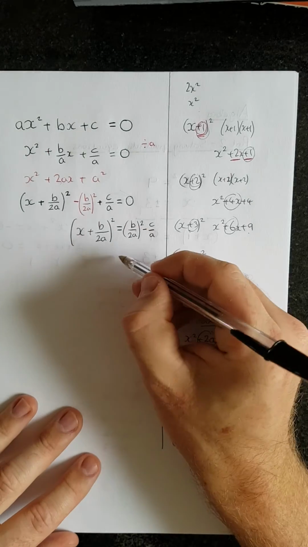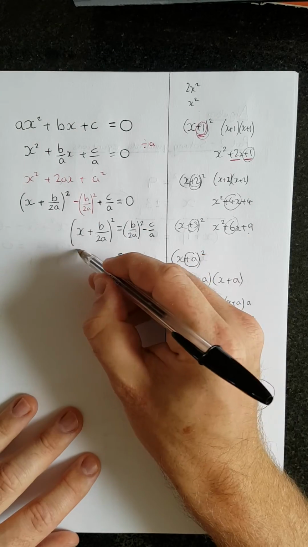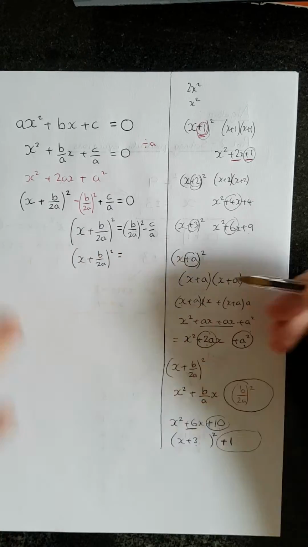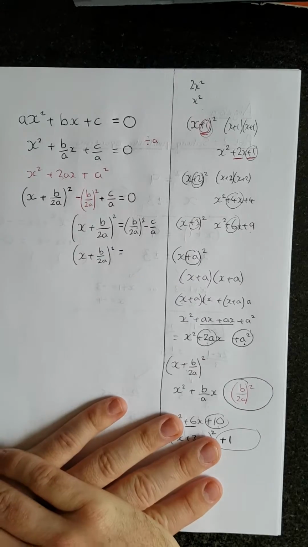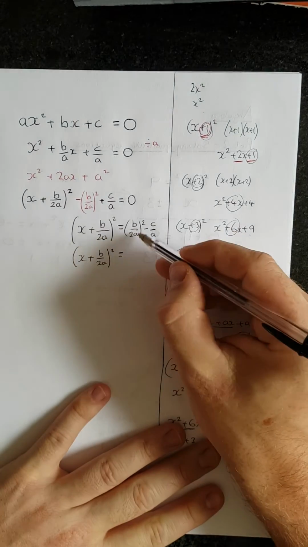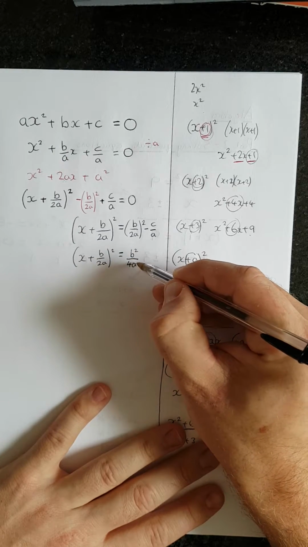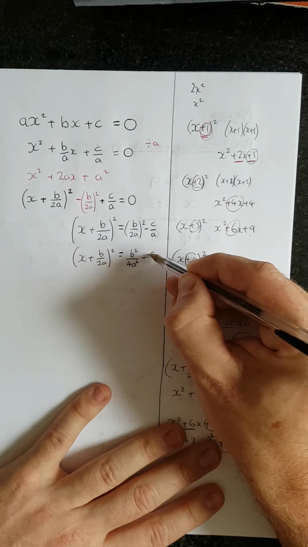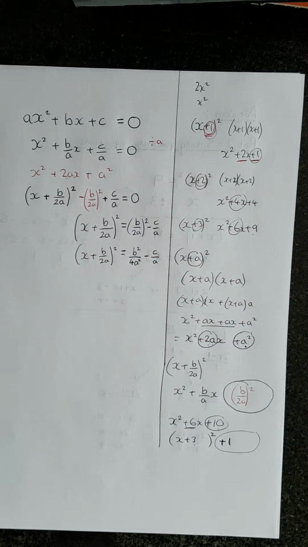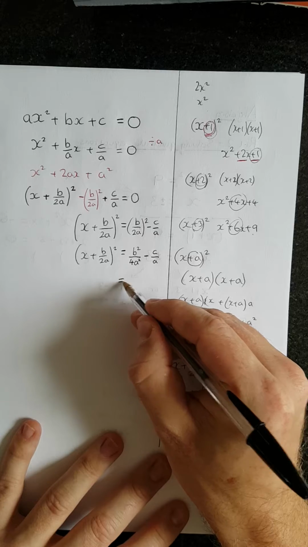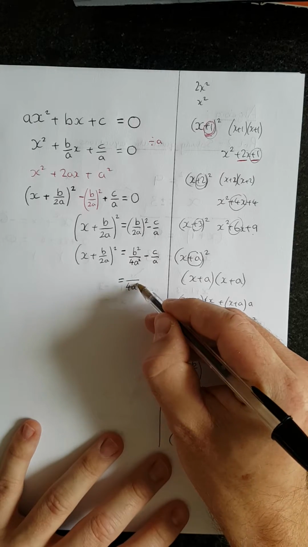Let's tidy this up so that we can do this easier. And remember, what we're trying to do here is take any quadratic and see if we can solve it. So this bracket expands to b squared over 4a squared. Take away c over a. Okay, now, in order to combine these two, we need to make their denominators the same.